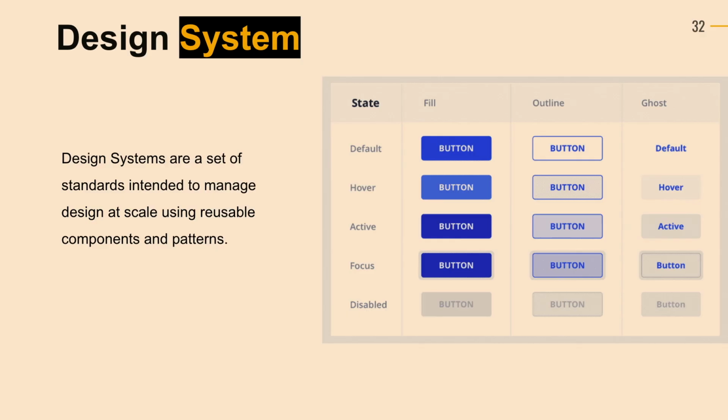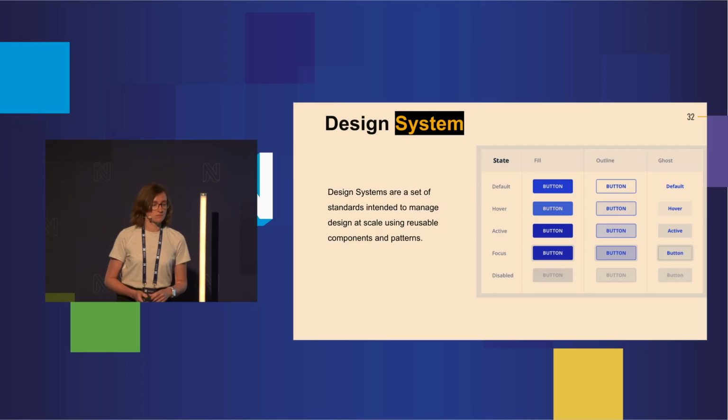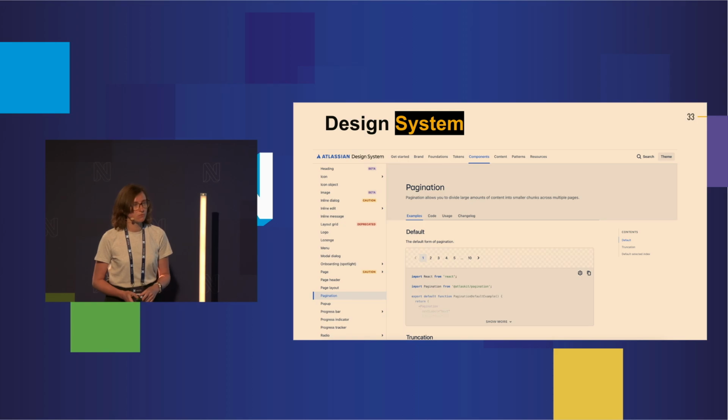And instead of having 10 or 20 different variations of buttons, you have one button that's really well defined with all the outline colors, with all the hover colors, with all the focus colors, and with all the variations of a ghost button or outline button. And that's a really important part of front-end architecture, is having these design systems and having people working on these design systems and creating these kind of lower-level core components together with the designers.